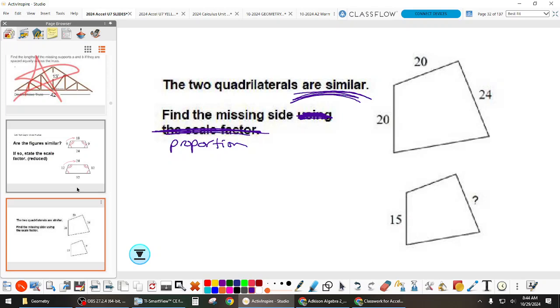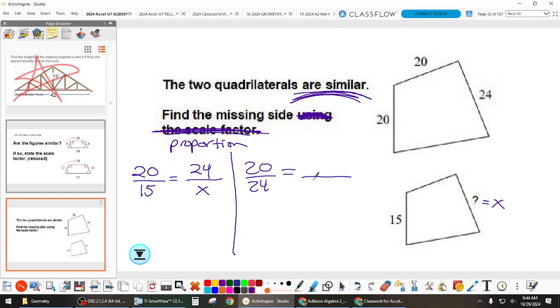Okay, so there's multiple ways you could set up a proportion. Tell me if I write 20 to 15, what do you have to write on the other side to match? Go ahead, Brandon. 24 over x. Okay. If I write, let's do 20 to 24, what do you have to write over here? 15 to x.